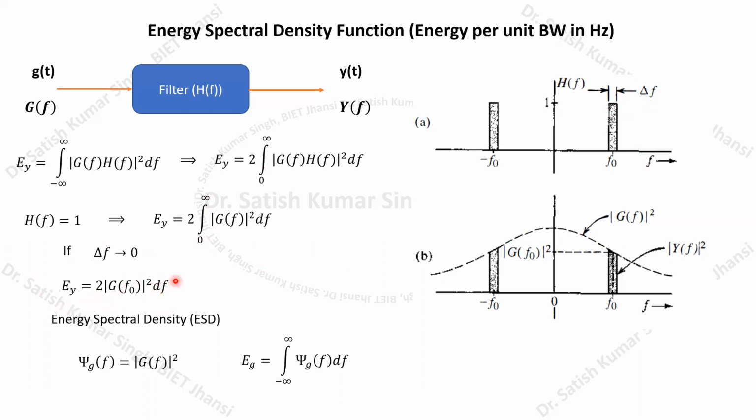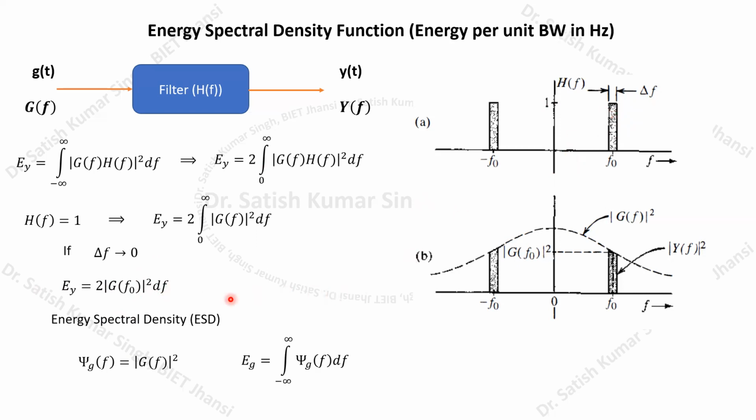So if you choose delta f equal to 1 hertz, then |G(f naught)|^2 denotes the energy content available per unit bandwidth in hertz. It shows a certain energy value, which we then multiply with the width of this particular pass band.